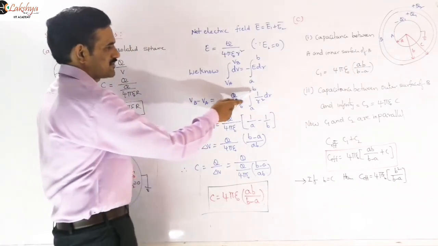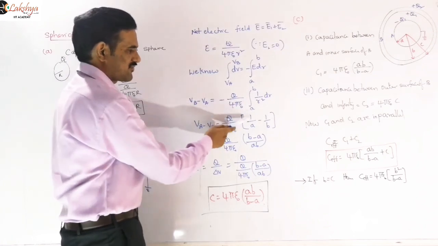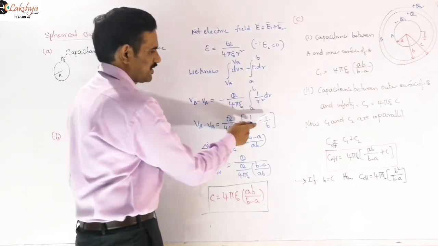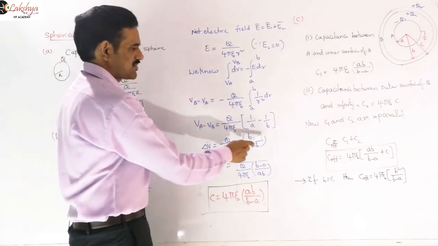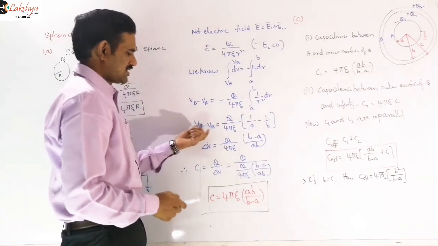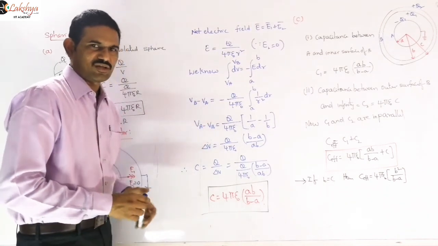Then you get minus 1 by R integrated, and after substituting the limits you get 1 by A minus 1 by B, which simplifies to B minus A by AB. This is nothing but the potential difference required here.